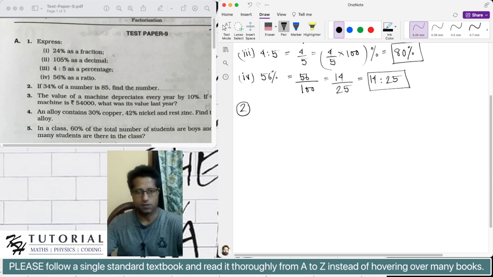If 34% of a number is 85, find the number. Let the number be x.